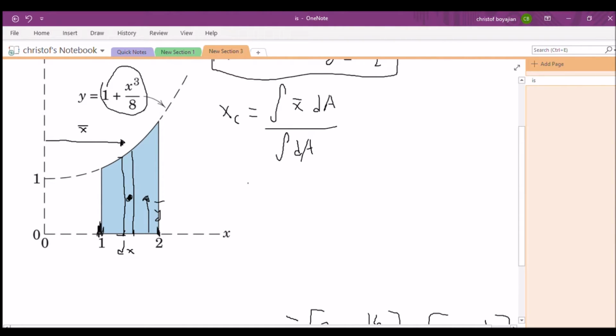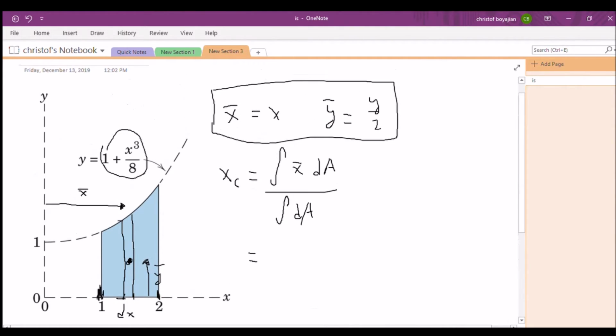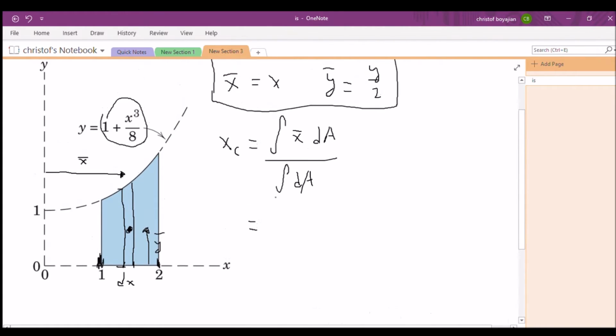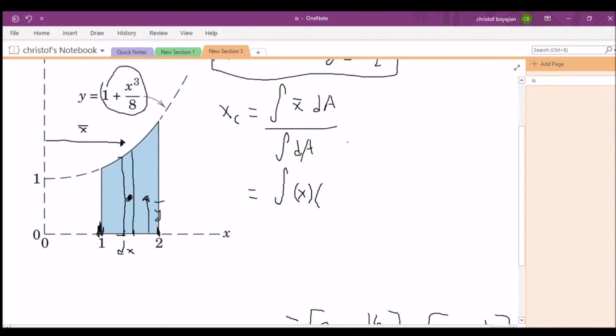All right. Now let's solve for this integral. So let's plug in our values. We know what x bar is, we set that to be x. So it's going to be our integral. Now, what are our limits? Well, we'll get to that in a second. Once we plug all of this stuff in, it'll be a little more clear what our limits should be. And our dA, I should not have erased that, but it's going to be our y, which is our 1 plus x cubed over 8, right?